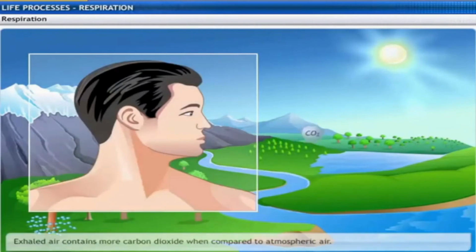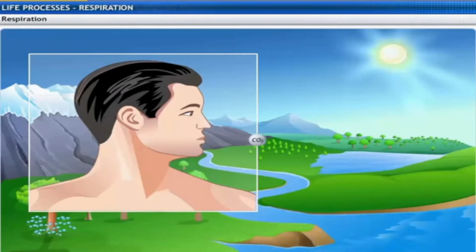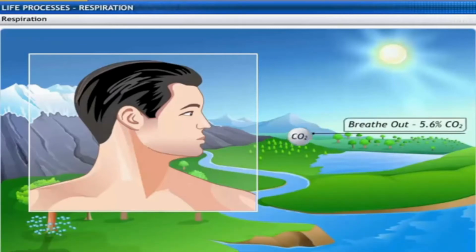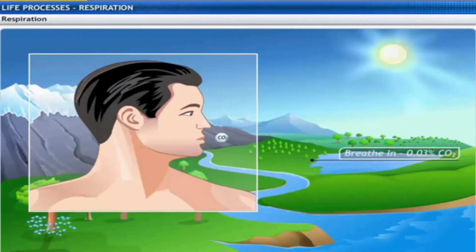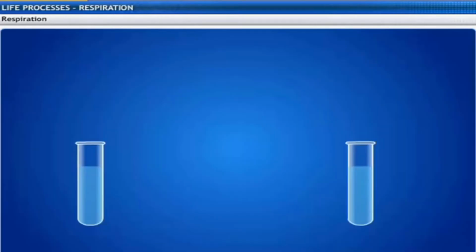However, when we exhale, we breathe out a greater amount of carbon dioxide than the amount that is present in the atmospheric air. Exhaled air is composed of 5.6% carbon dioxide, whereas inhaled air contains 0.03% carbon dioxide. Let's try to prove this through an experiment.